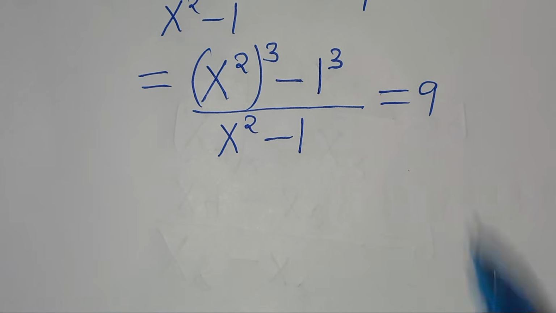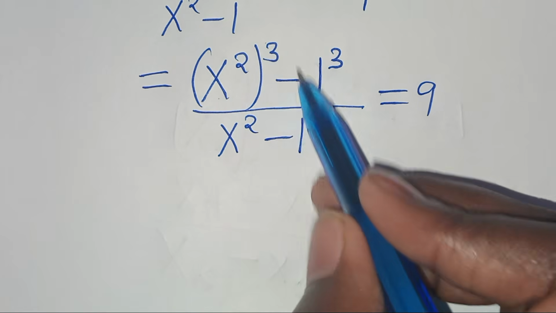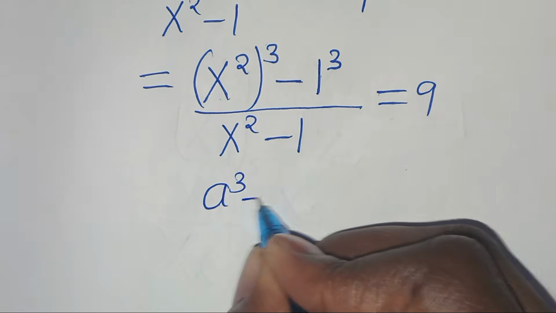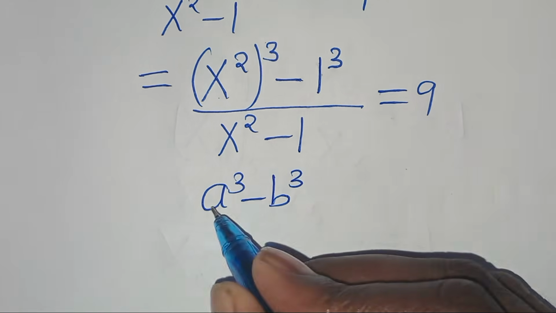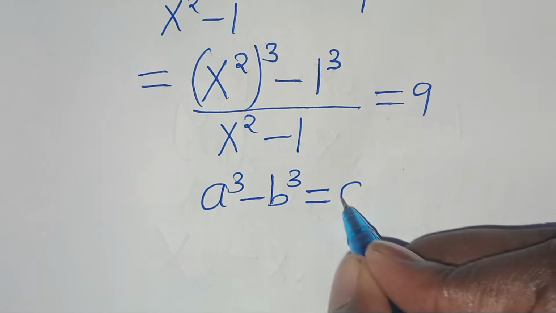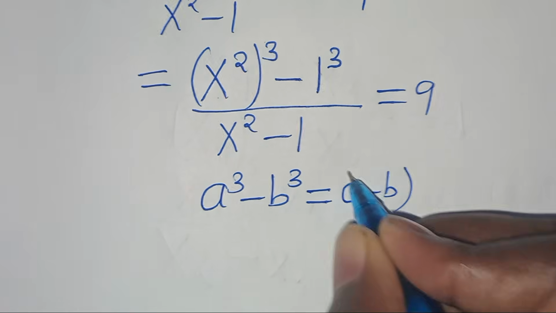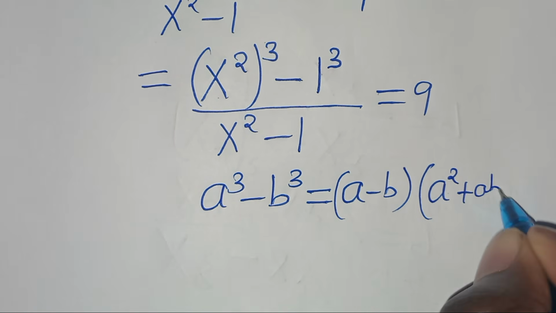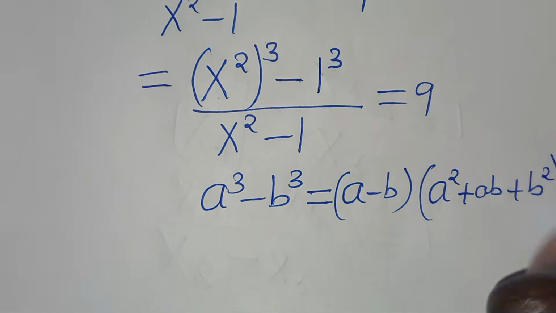The next step from here, we have (x^2)^3 minus 1^3. This is in the form of a^3 minus b^3, the difference of two cubes, that we can express as (a minus b) times (a^2 plus a times b plus b^2).